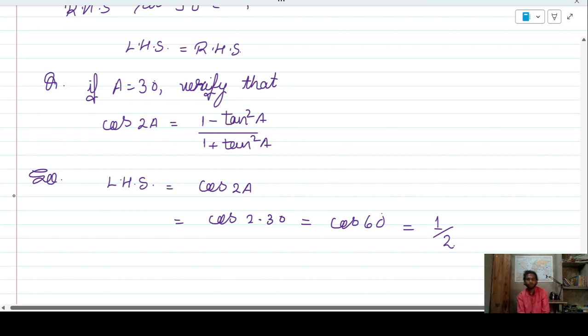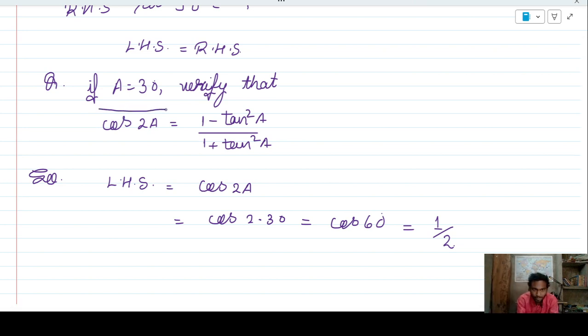This is a formula we study in 11th standard.